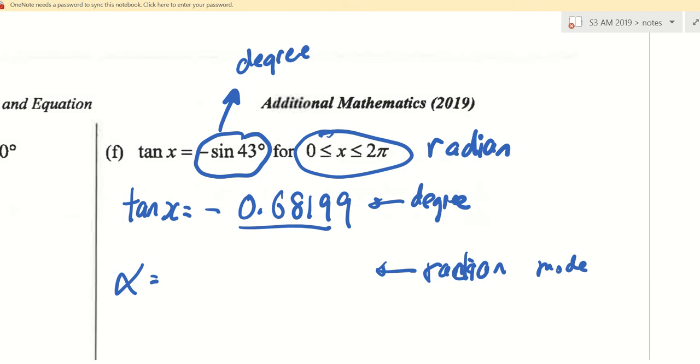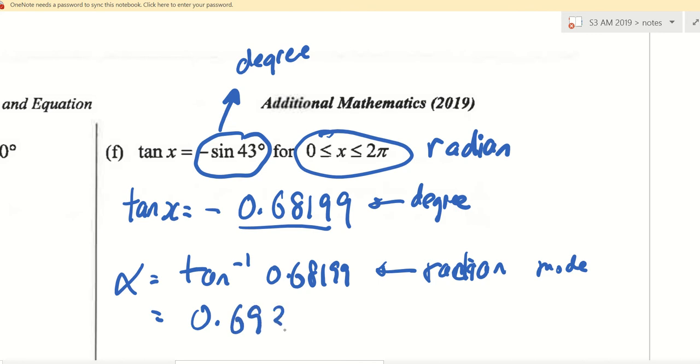Tangent inverse 0.68199. And what's the answer? 0.6938.